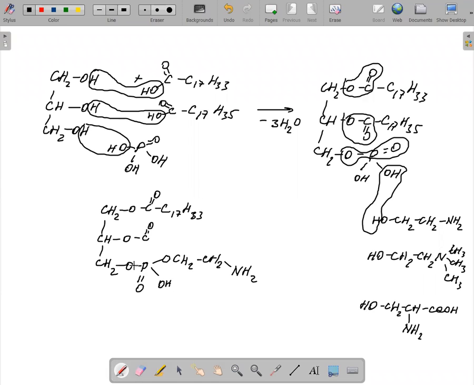So this is phosphatidylcholamine. Oh, I forgot one more tail.